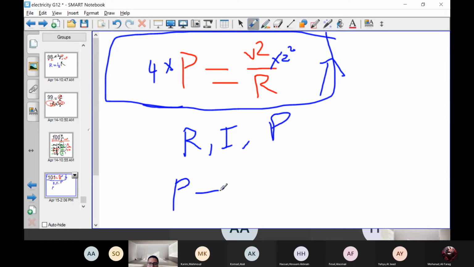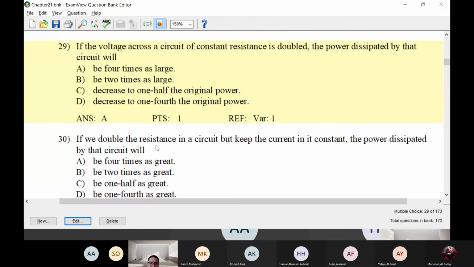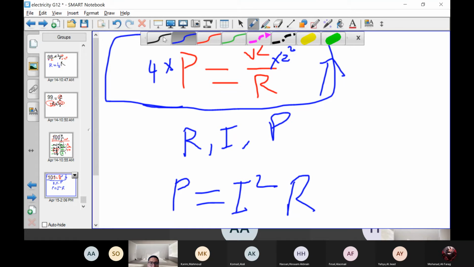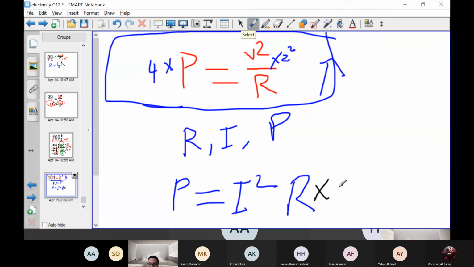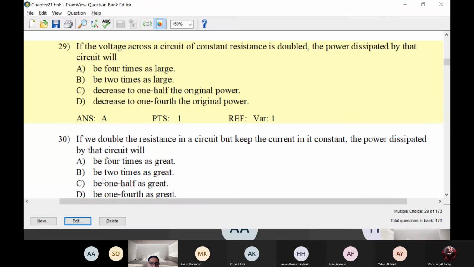Power equals I squared R. You have to save it. And then you have to know the changes here. If we double the resistance, what happens to the power? It's also doubled. So the answer here, the power dissipated by the circuit will be 2 times as great. So double. The answer is B.